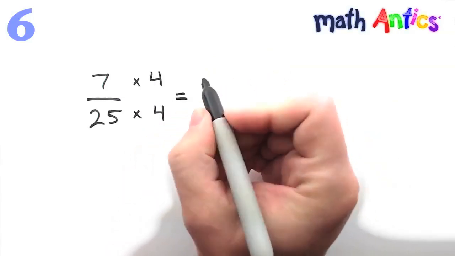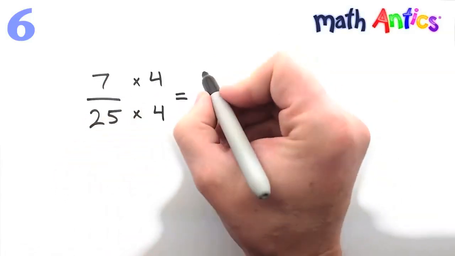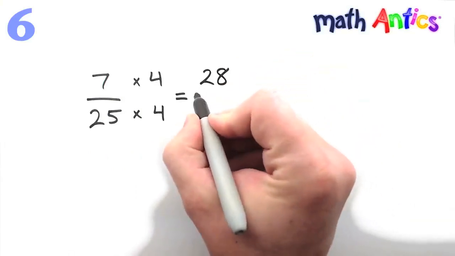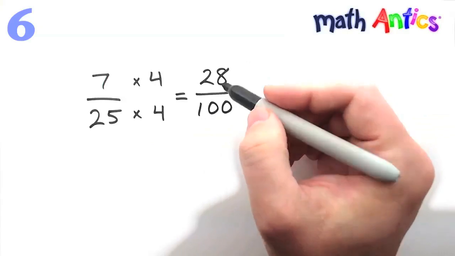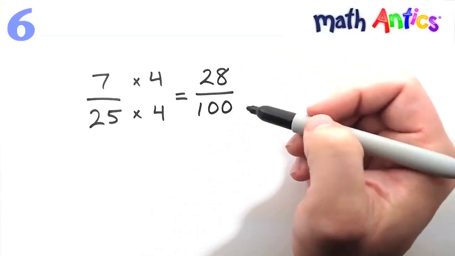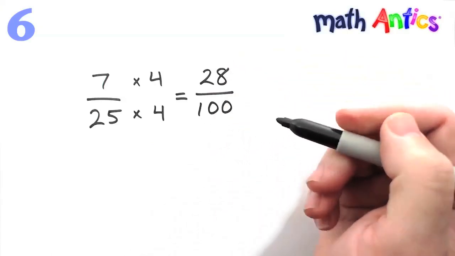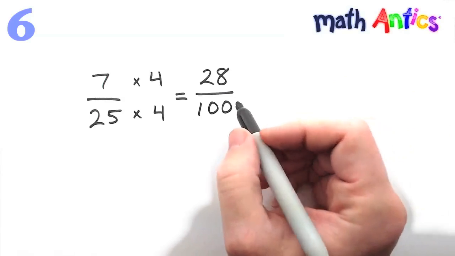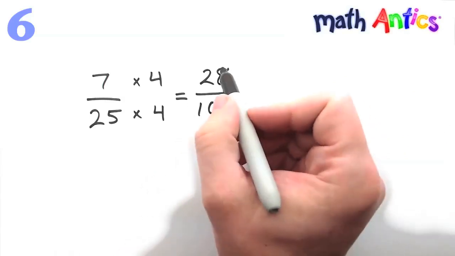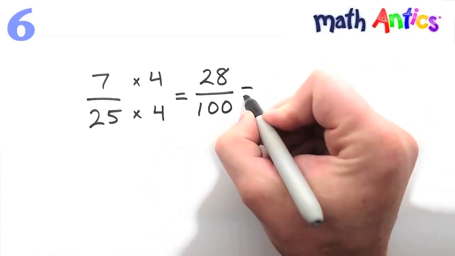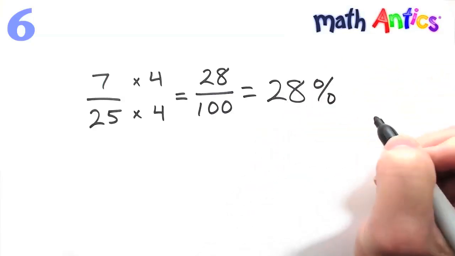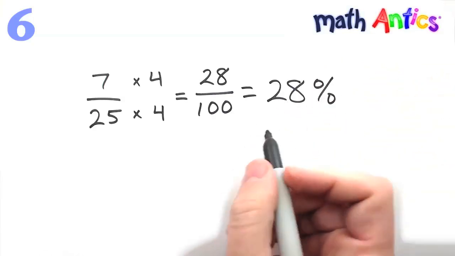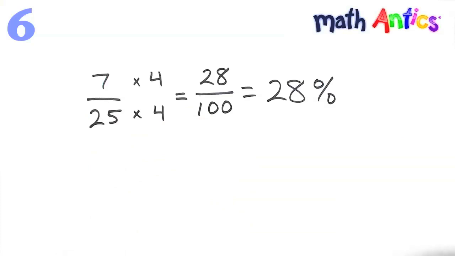All right, so 7 times 4 equals 28. 25 times 4 equals 100. So our equivalent fraction is 28 over 100. And now we need to write it in its percent form. And since 100 is the bottom number, that means the top number is the percent. So 28% is the percent form of 7 over 25.